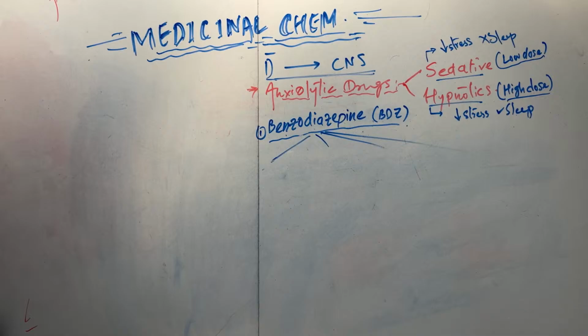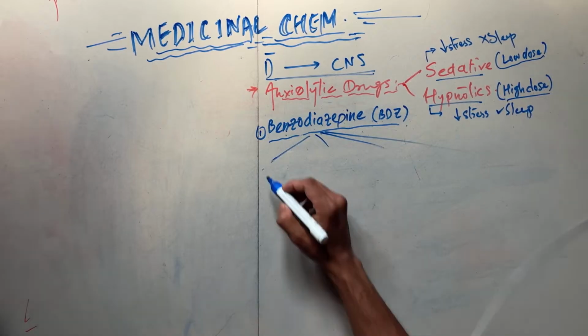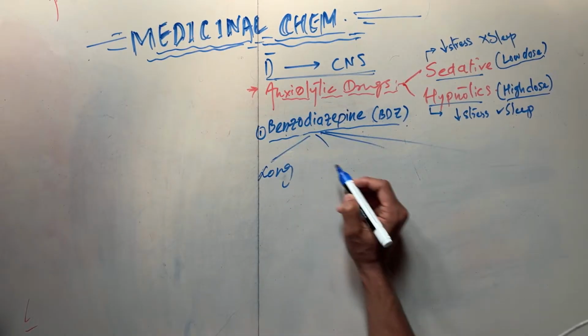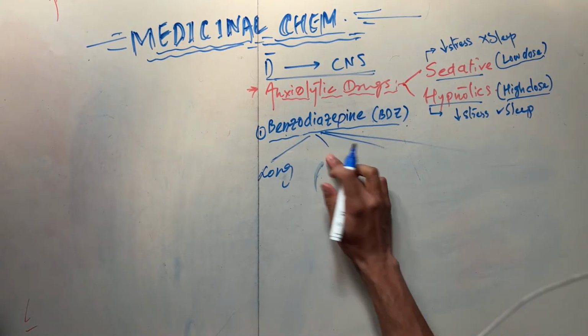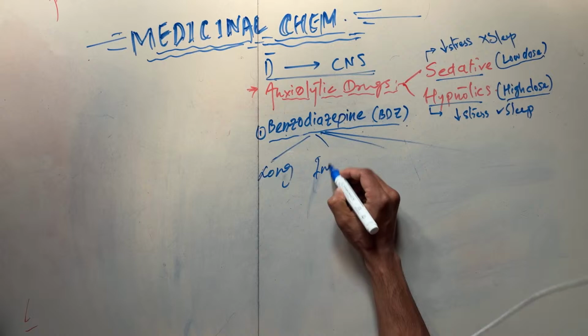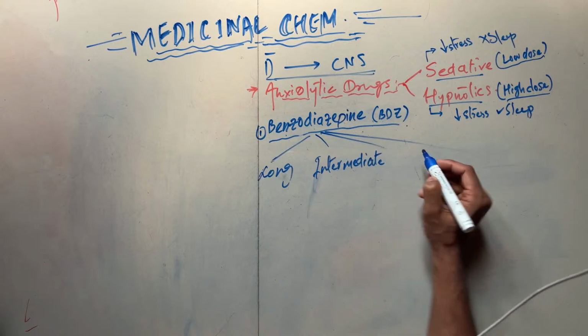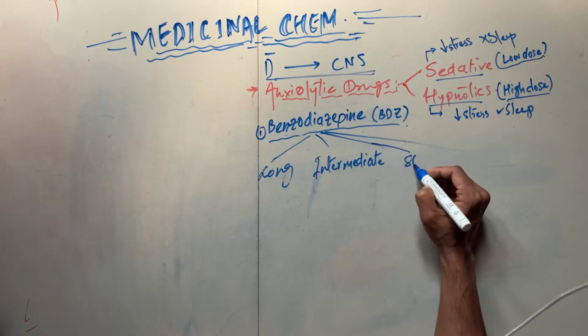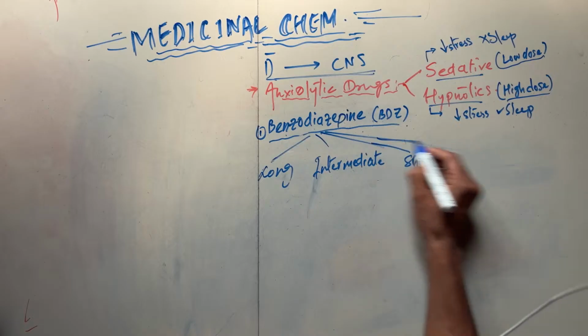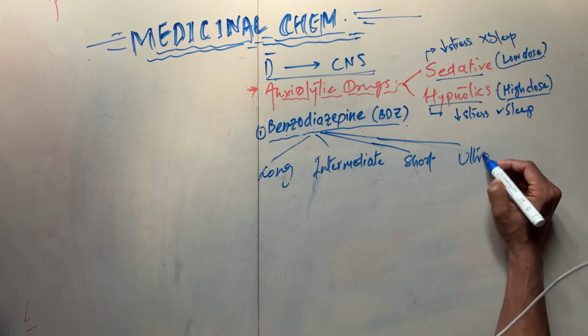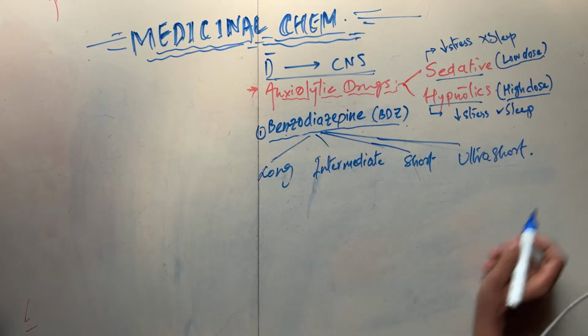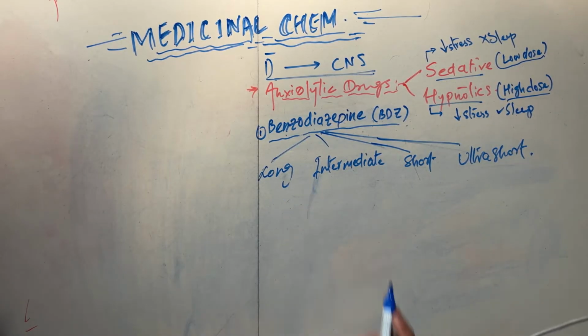What are the 4 classes of benzodiazepine? Again same: long acting, intermediate acting, short acting, and then ultra short acting, same as barbituric acid. Now what are the examples of long acting benzodiazepine?